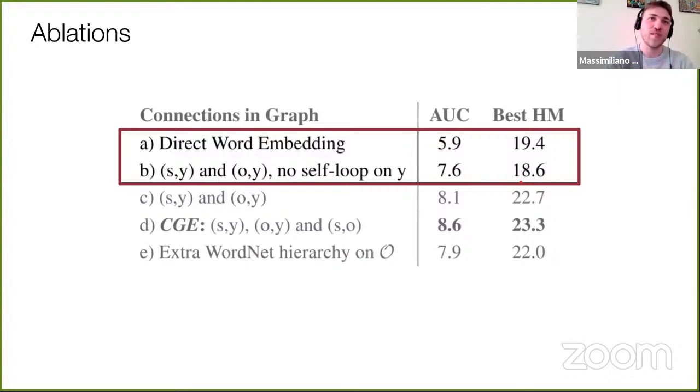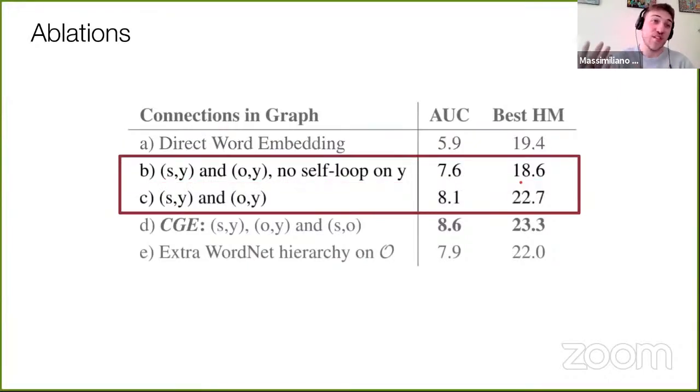still lower. But if you also have the self loop, which takes into account the fact that a composition should influence itself, this is more important also for unseen compositions, because otherwise their embedding will not influence well, let's say, the seen representations, and then the discriminativeness that we obtain for the unseen composition is a bit less.